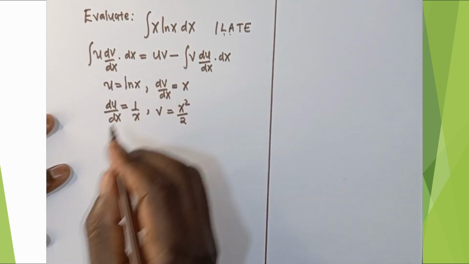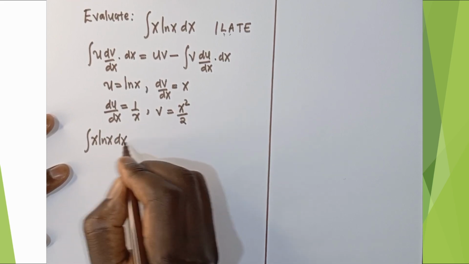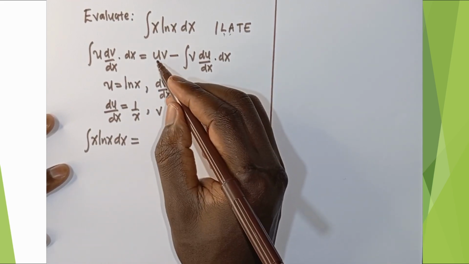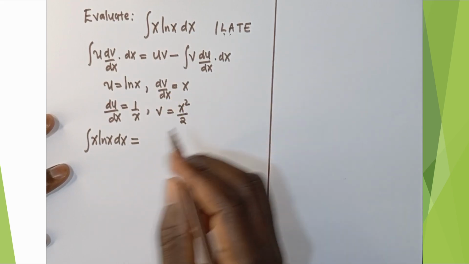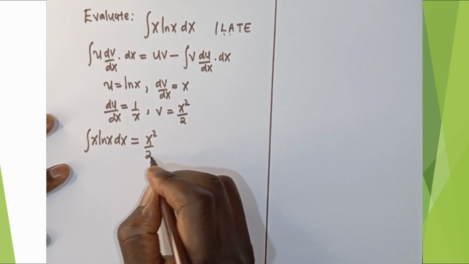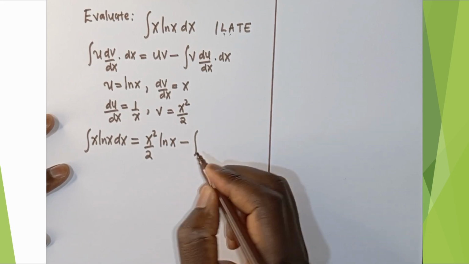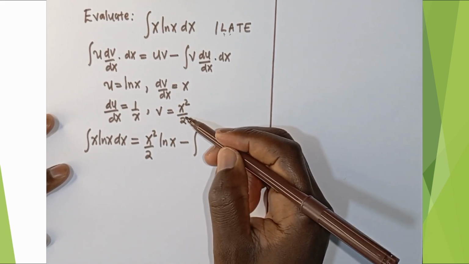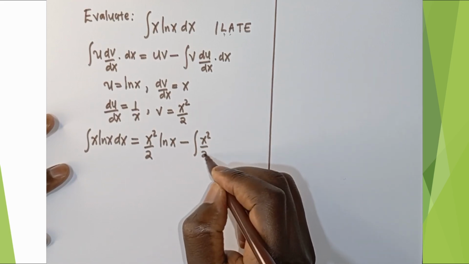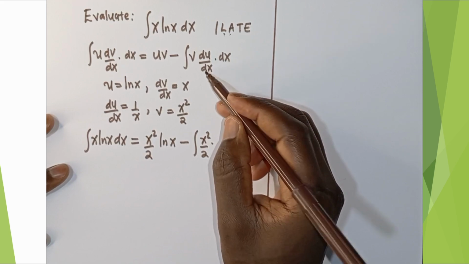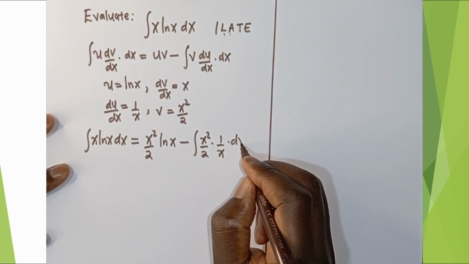Now, putting them back, our integral of x ln x dx will now be, our u is ln x, and our v is x squared out of 2. So we have x squared out of 2 ln x, then minus the integral. Now we substitute in: our v is x squared out of 2, then our du/dx is 1 out of x, times dx.